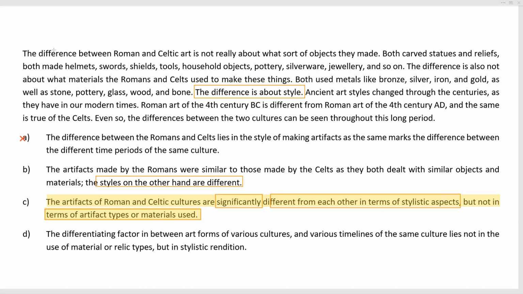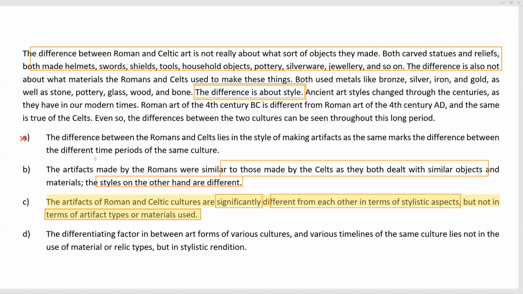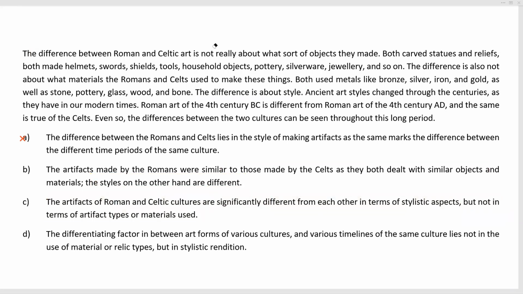In the passage, we have artifact types or materials used, points of similarity mentioned at the beginning of the passage. Then later comes the aspect of the actual difference, which is in the style. B gets this right. It talks about the similarities first, and then it talks about the differences. So while very close between option B and C, B is the better choice. So C can be eliminated.